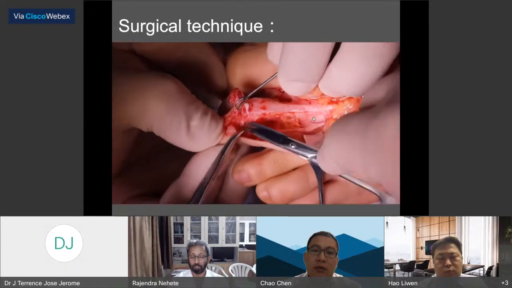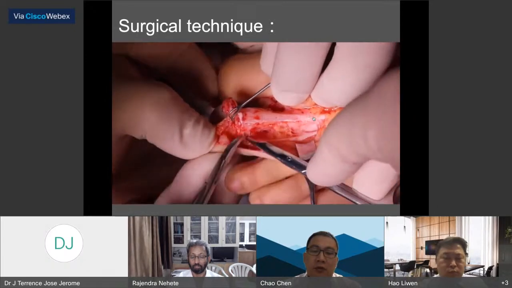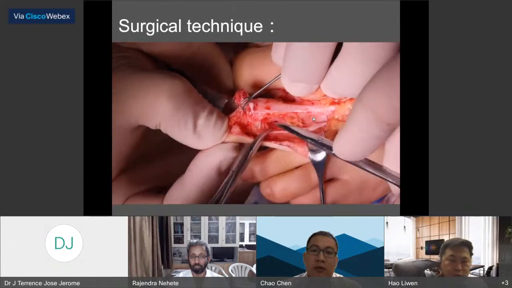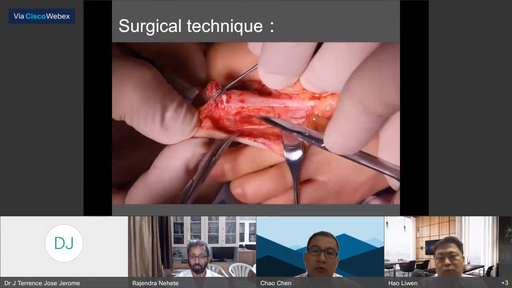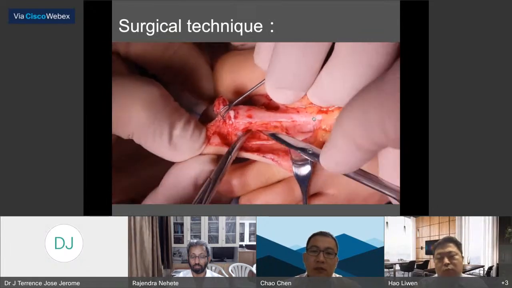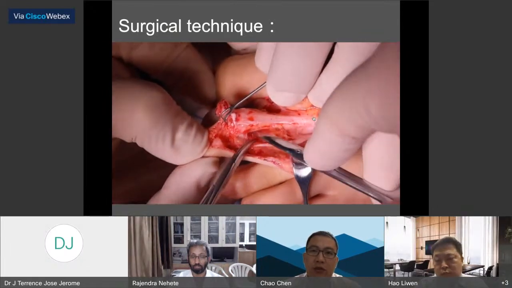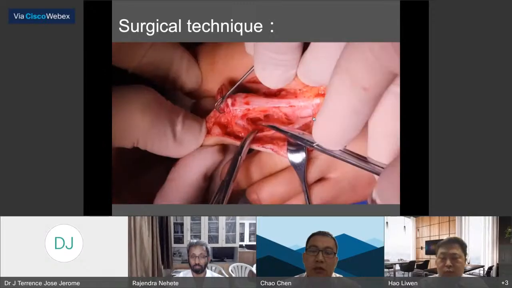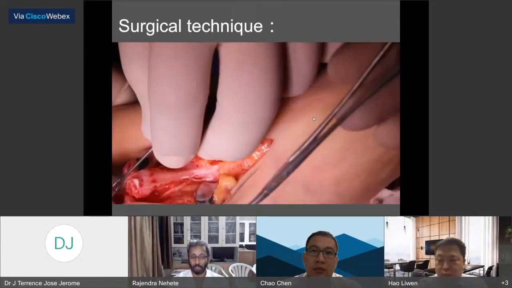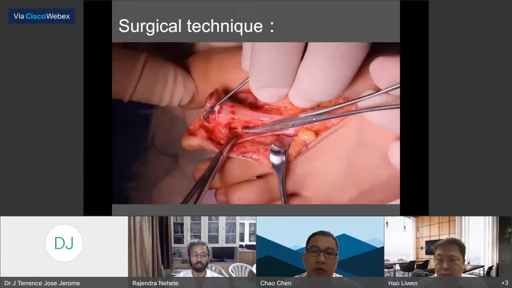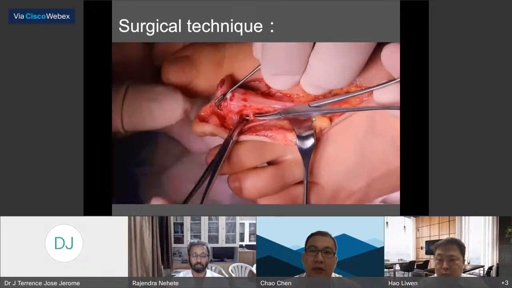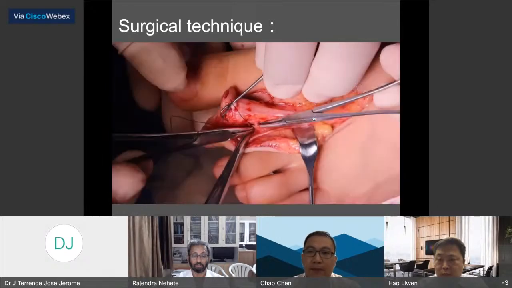And we carefully dissected out the tibial digital artery and nerve and preserved it on the donor side. All the branches to the skeleton should be dissected out and ligated.